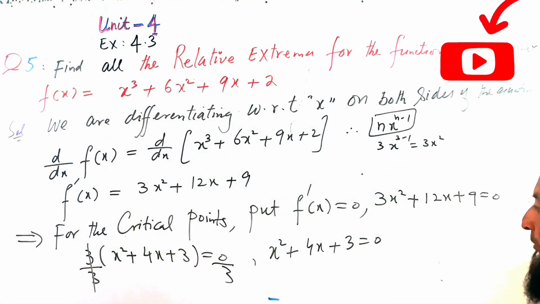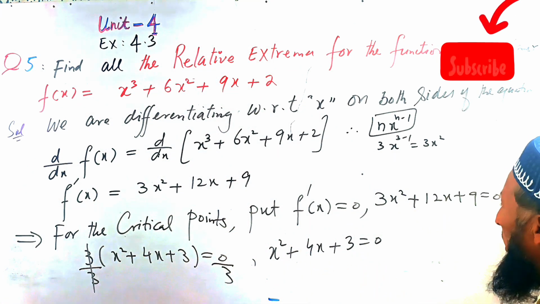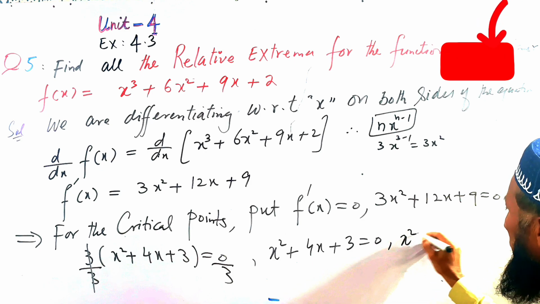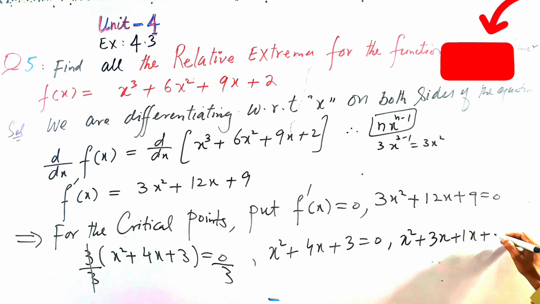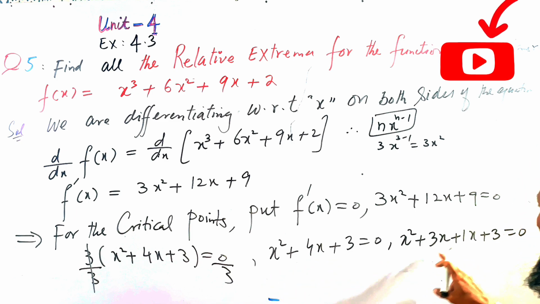Now we factorize this function. We multiply the first and last terms, we get 3, and we write the function as x² + 3x + 1x + 3 = 0. 1 plus 3 gives the middle term 4, and 1 multiplied by 3 gives the product of the first and last terms.